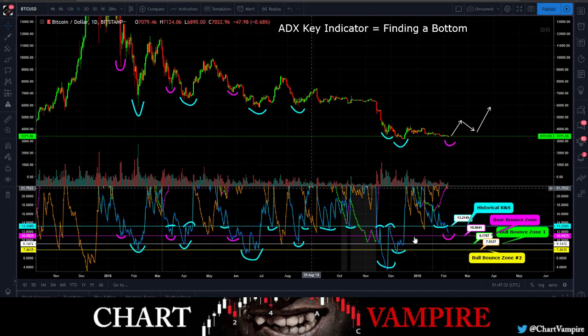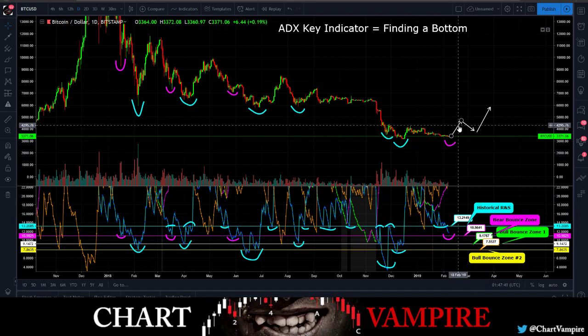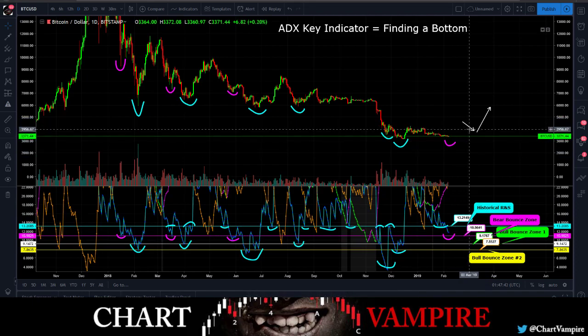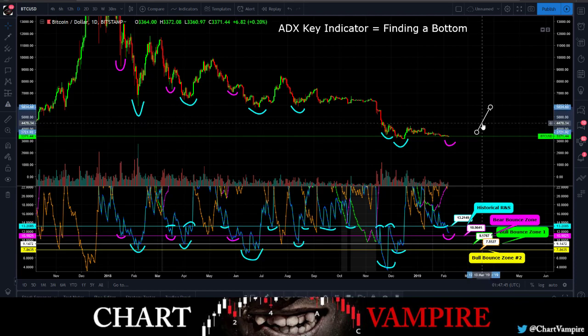If this indicator would just all of a sudden take off and then dump all the way down and then bounce, but we're higher like this, then we'll know we're actually in a more bullish situation than we are right now.